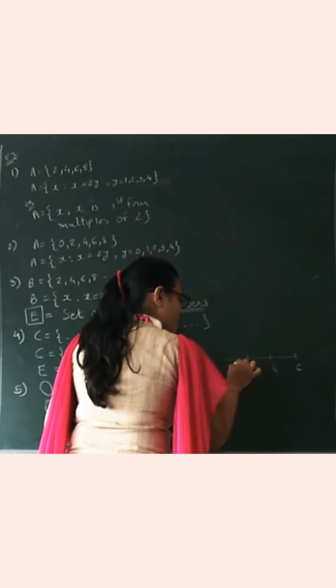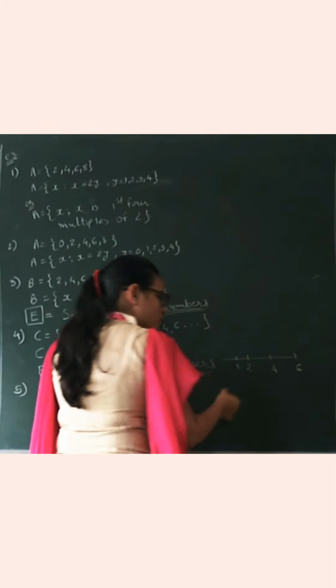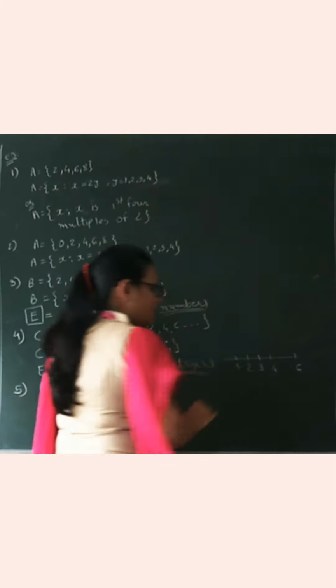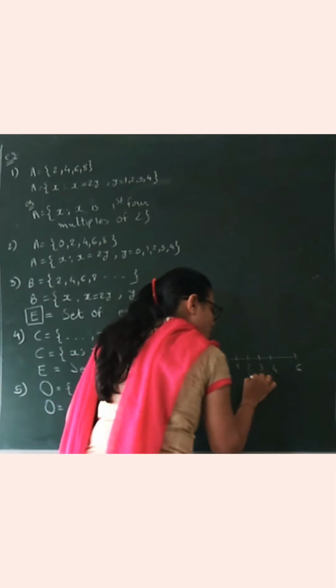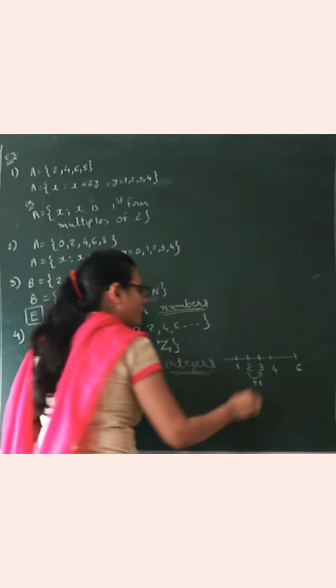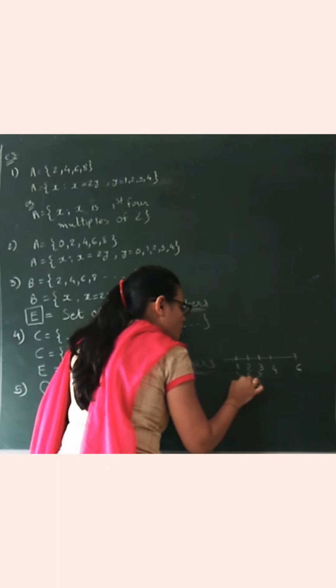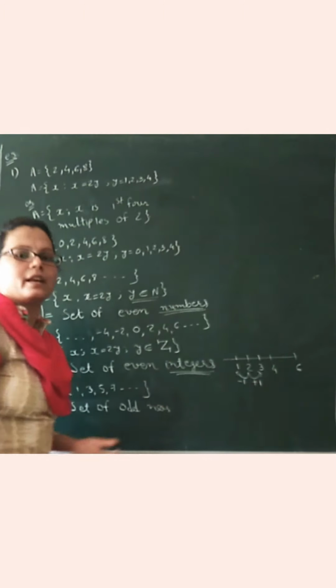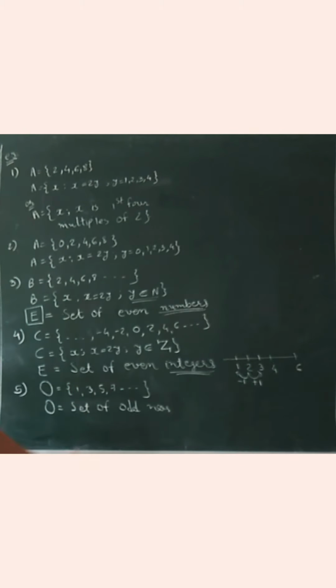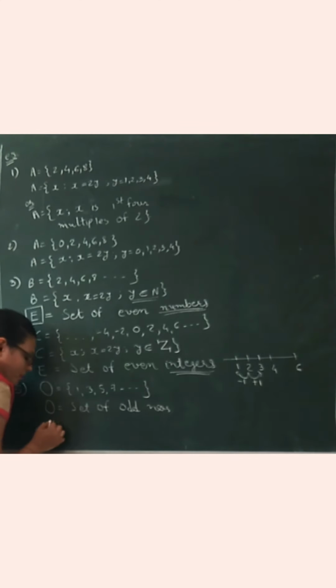So I know very well before 2 there is 1, after 2 there is 3. So if I am supposed to add plus 1, then you will get 3. If I am supposed to do minus 1, then I will get 1. Okay.